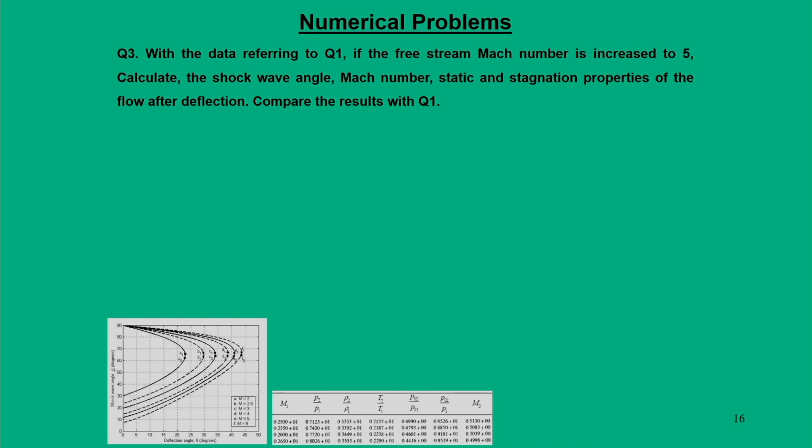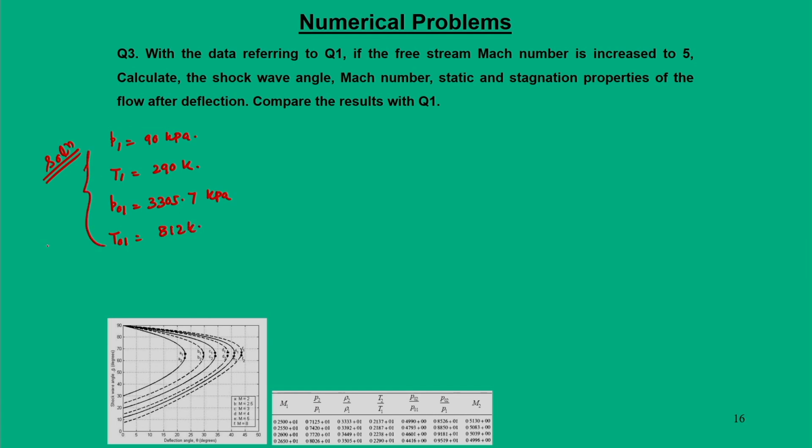And the next problem says that for the same data referring to question 1, the deflection angle remains the same, but the Mach number is increased to 5. So, referring to that data from question 1, we have the same P1 90 kilopascal, T1 290 Kelvin, P naught 1 3305.7, T naught 1 812 Kelvin.